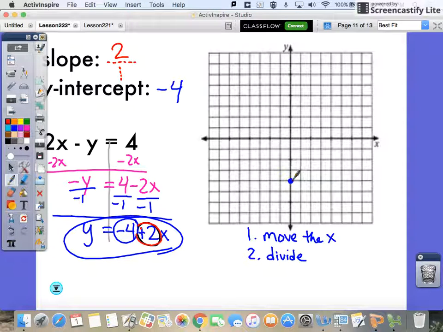And then we're going to rise 2, run 1. Rise 2, run 1, rise 2, run 1. Or down 2, back 1, down 2, back 1. We end up with this equation, and that makes sense because our slope is positive and our intercept is negative.